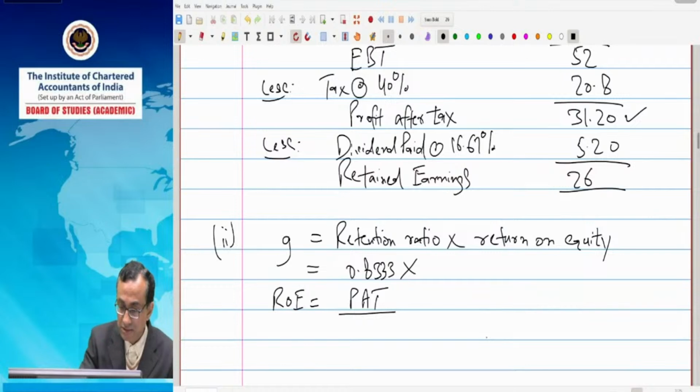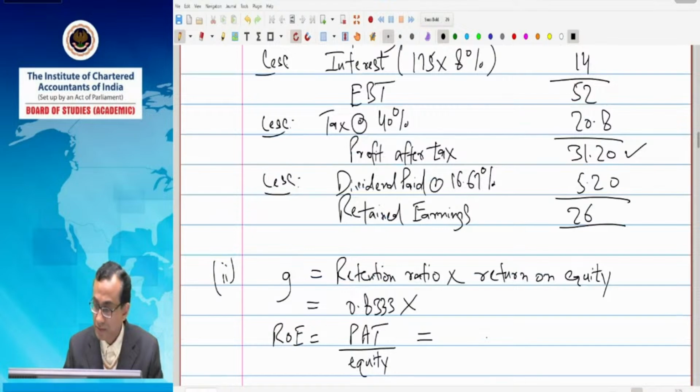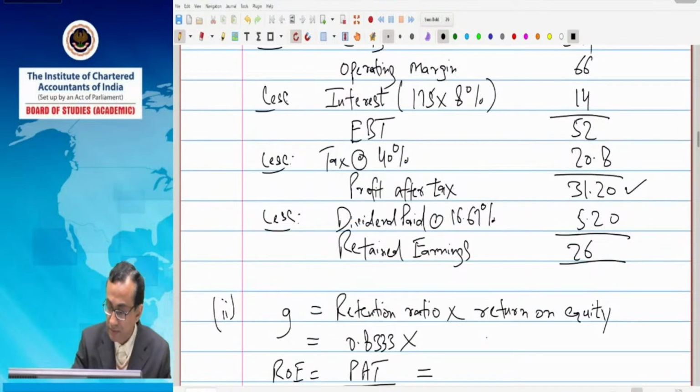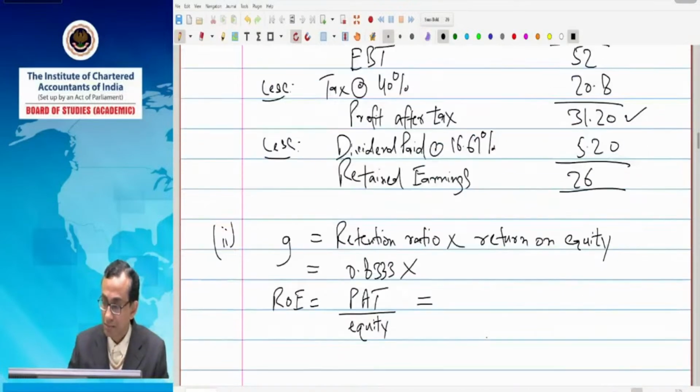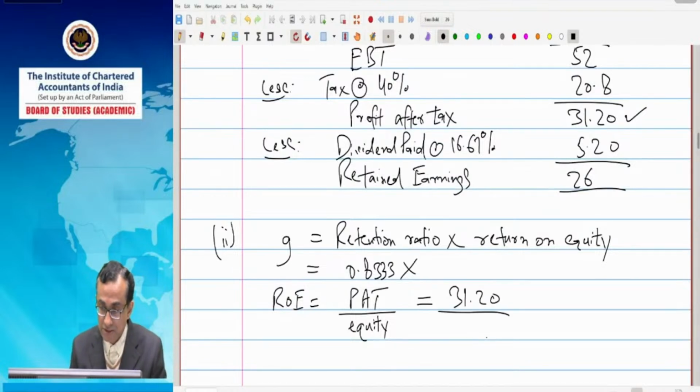Profit after tax upon equity. Profit after tax is given in the question, or we have calculated it. Profit after tax is 31.20. 31.20 upon equity. What is equity?